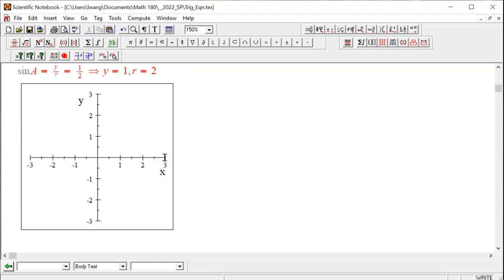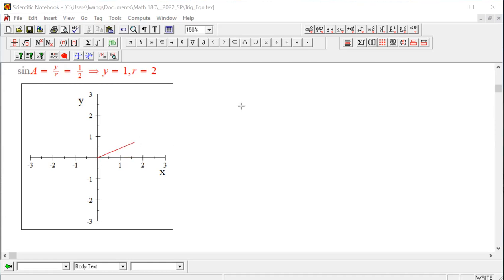So how do you draw a triangle? You know that y is the blue number and r is 2. You're basically drawing something, and you don't know what x is, so there's some x here.